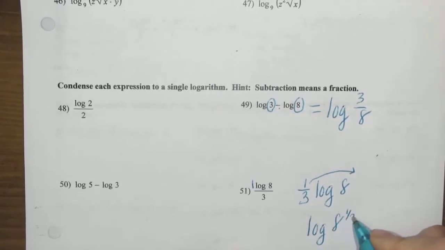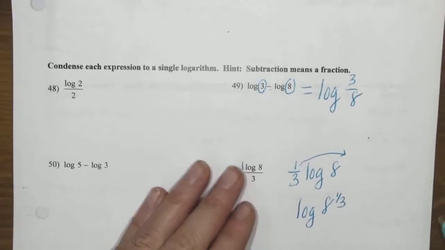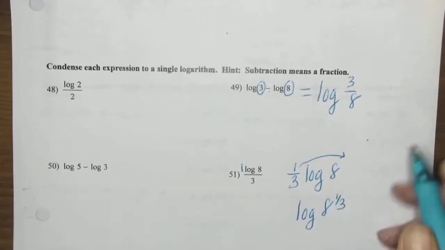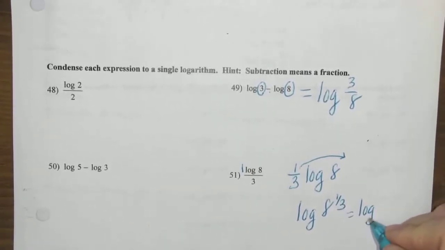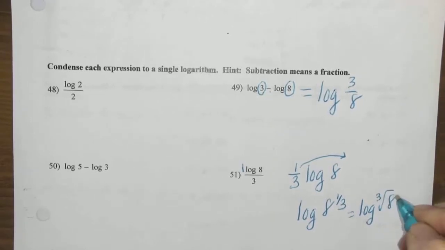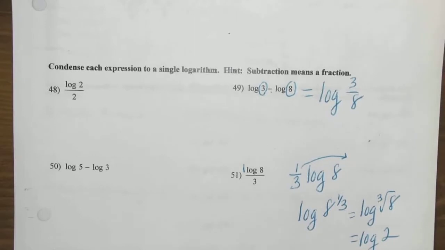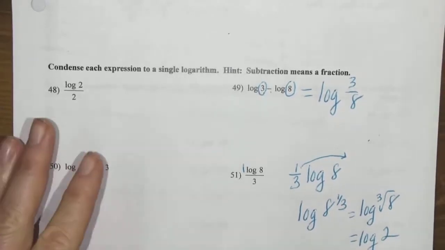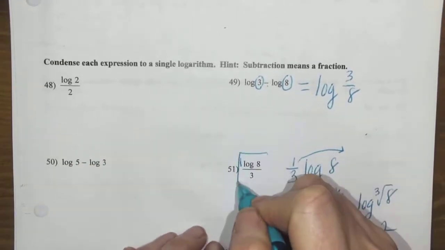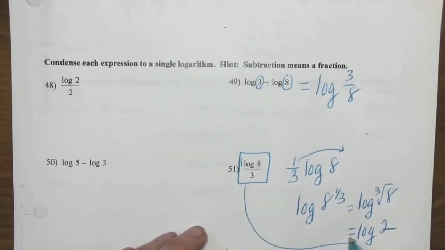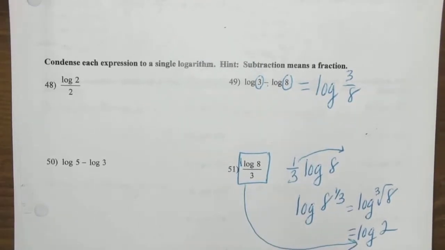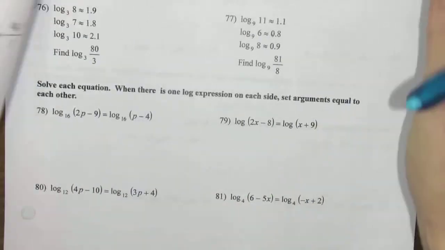Log of 8 to the 1/3 power. 1/3 power is power over root, so it is log of the cube root of 8, which I happen to know is 2, because 2 times 2 times 2 would give me 8. So this right here, best answer is that guy right there. It is already 1 log.